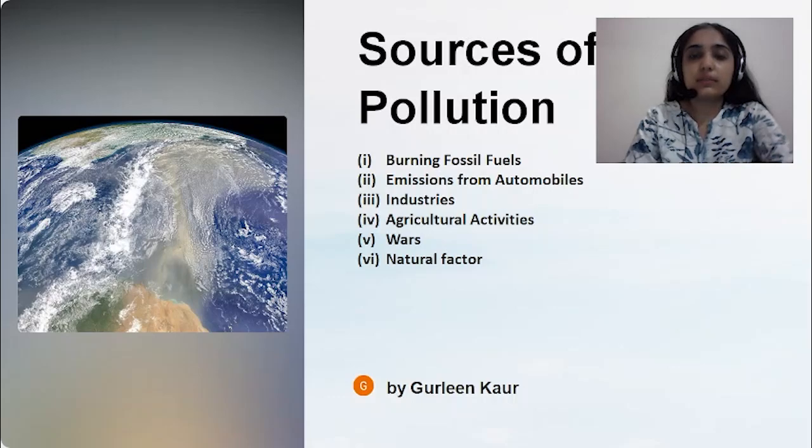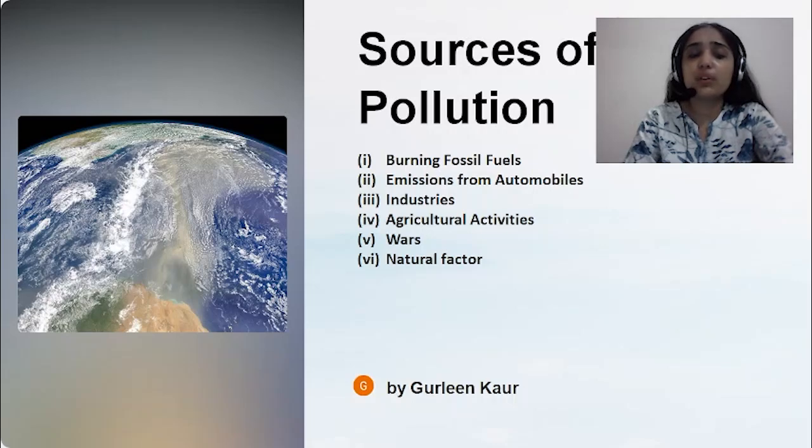Next is wars. How can fights between countries cause air pollution? Gases emitted during warfare contaminate the air. This seriously disrupts the local environment. Radioactive rays from nuclear explosions contaminate the air.